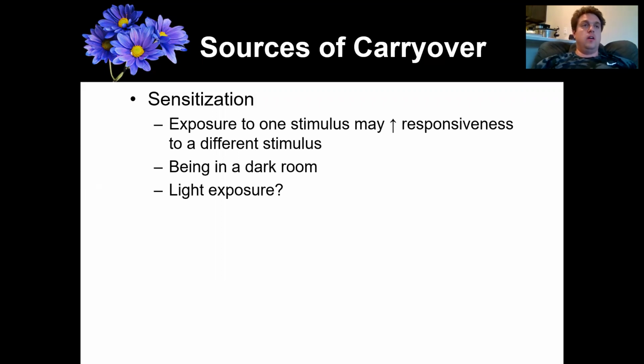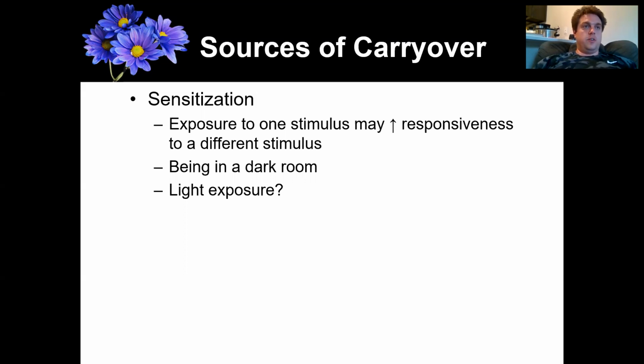Let's say you've been in a dark room, looking at some sort of vision experiment, and you start out with dark stimuli or a dark room, and then you move on to light stimuli. Well, your rods and cones actually adapt depending on how light your environment is. So you become more sensitive to light after sitting in a dark room for a while. There's lots of research showing that.